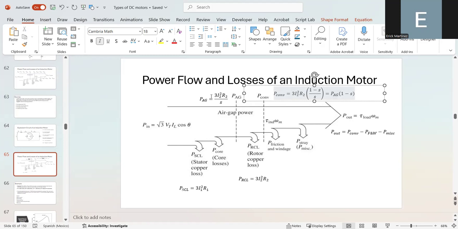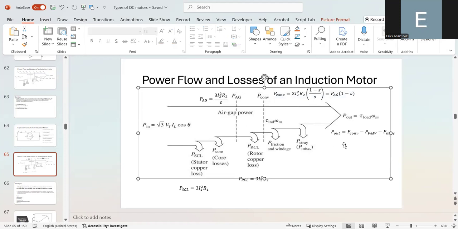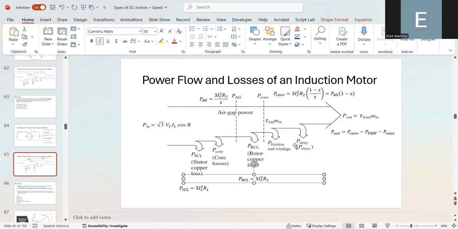You can use this relationship to compute first the air gap power and then the converted power. Also, you can use this diagram to compute the output power of the motor by considering the mechanical losses that are placed in this section.